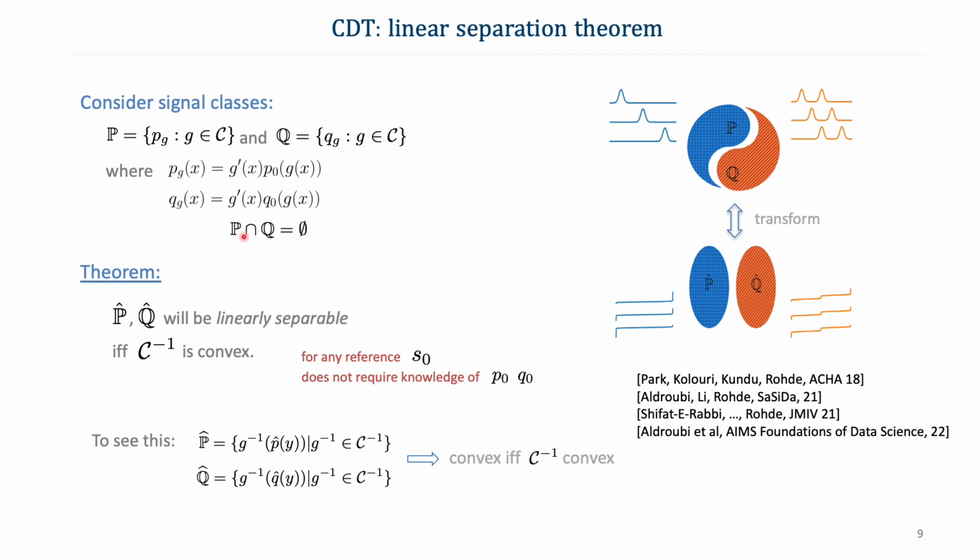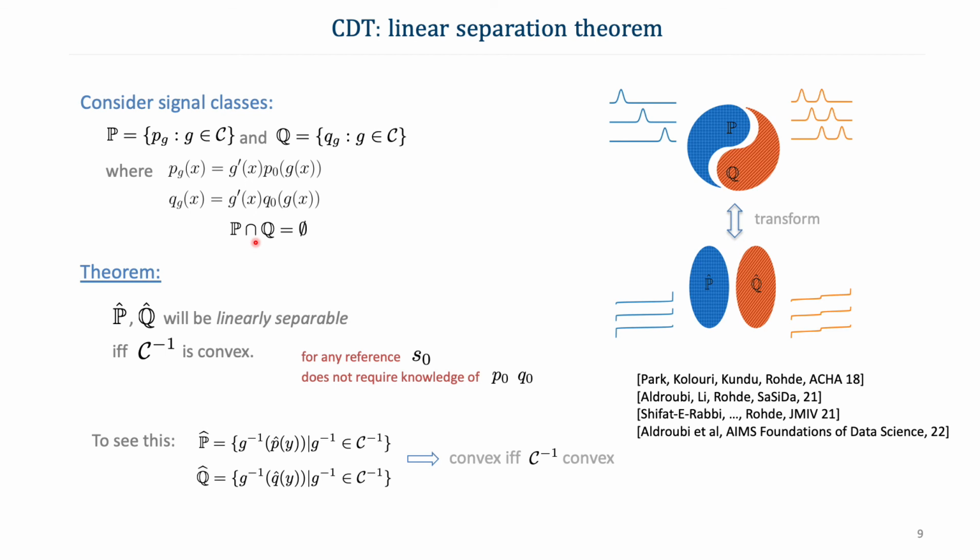And of course, we pose the problem as a non-overlapping problem, meaning there is no signal that will be an element of both P and Q simultaneously, right? So the intersection of these sets is empty.